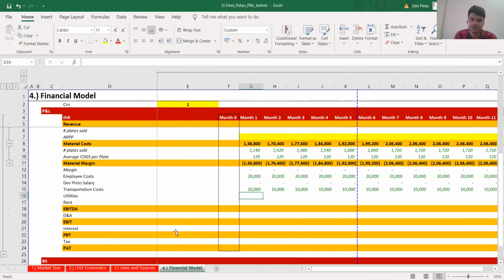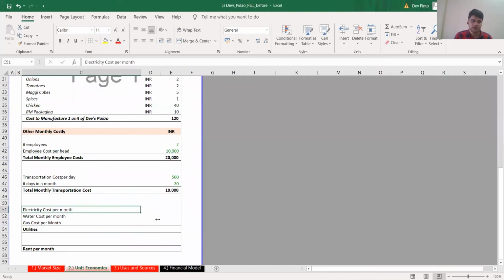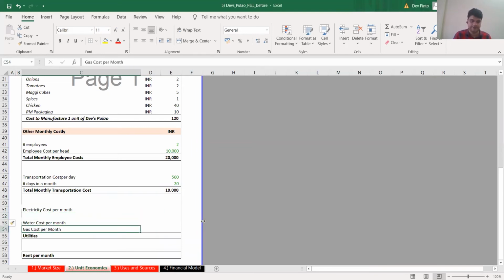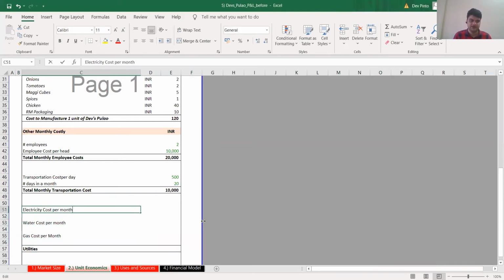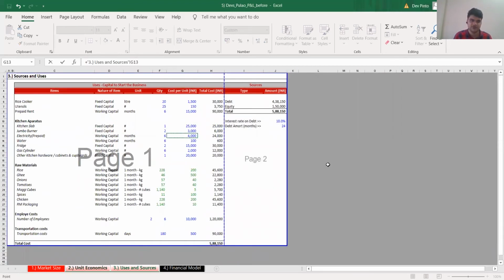Utilities. So what utilities are we going to be using? We're going to be using electricity, water, and gas. This is going to be a variable cost based on how many units of Pulao we make, so let's do it at the unit level. Electricity cost per month in the first month: we budgeted 4,000 bucks.